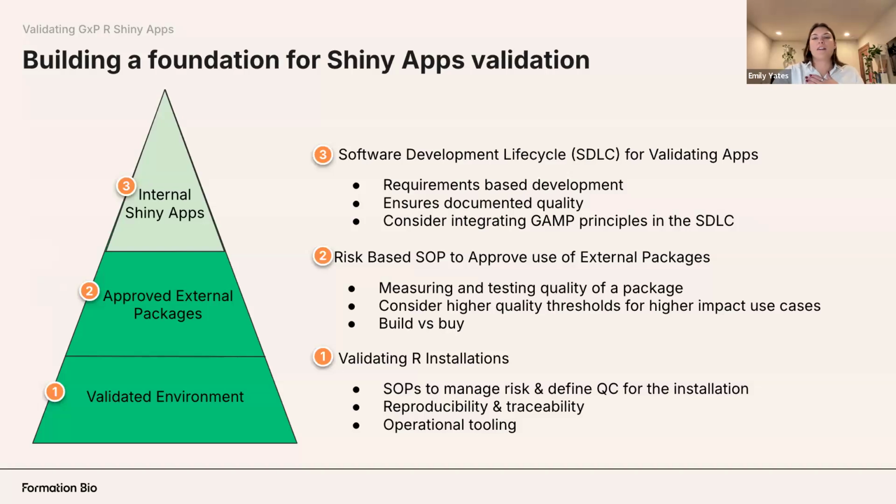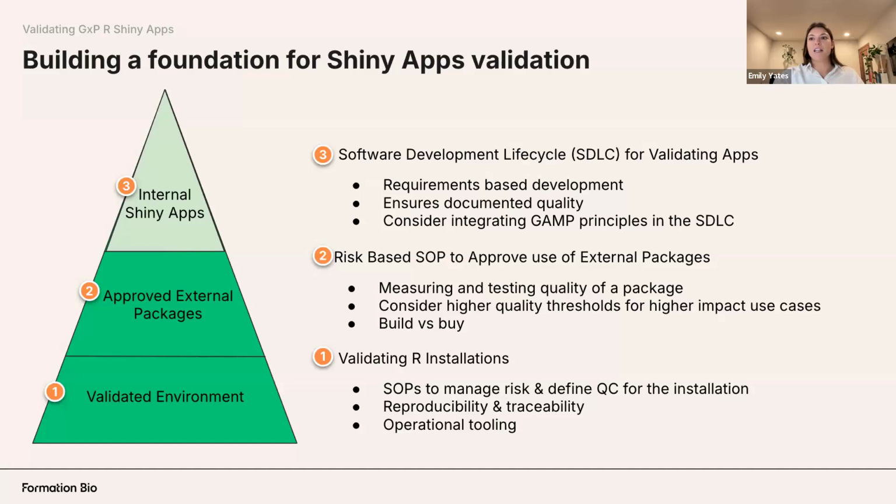So for today, there are really three components of validation that I want to cover, and they sort of build on each other. The first: in order to begin even thinking about validating an R Shiny application, you need a foundation of a validated and verified GxP environment, which at this point seems pretty widely agreed upon in industry.